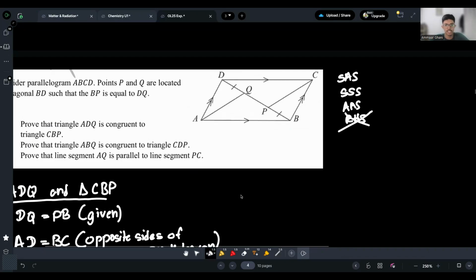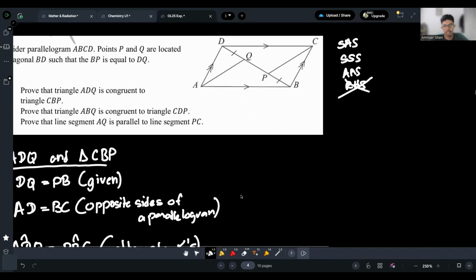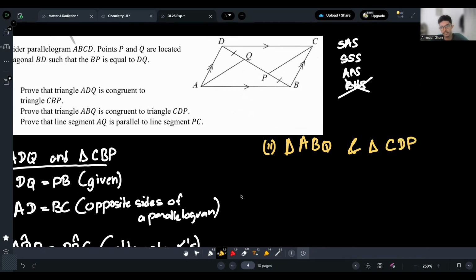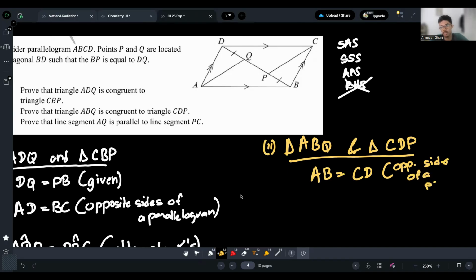Okay, so we start Roman number 2. Triangle ABQ and triangle CDP. Okay, so in triangle ABQ, we tell AB is equal to CD, opposite sides of a parallelogram.